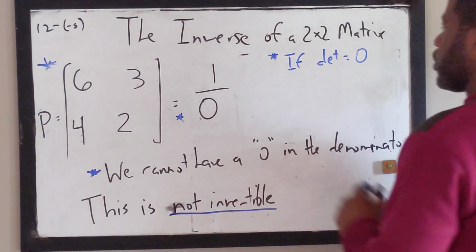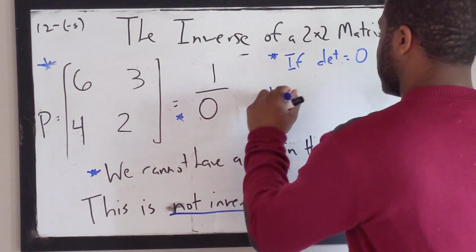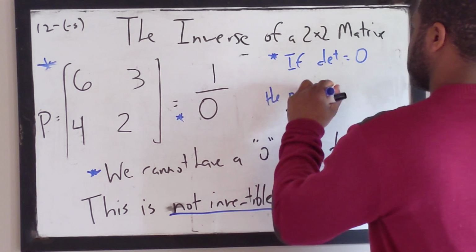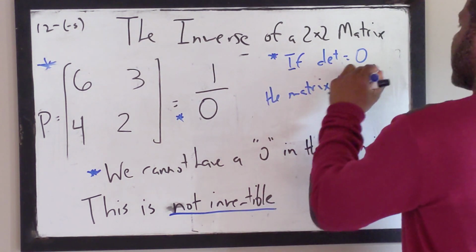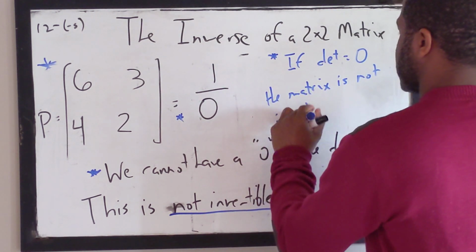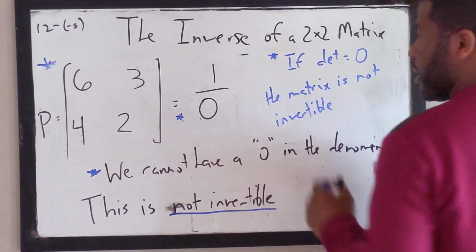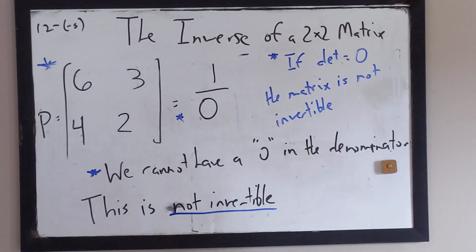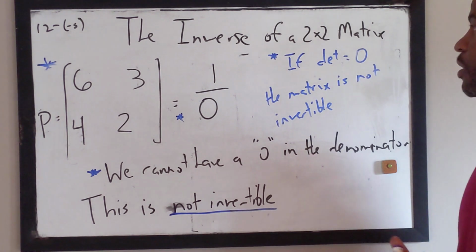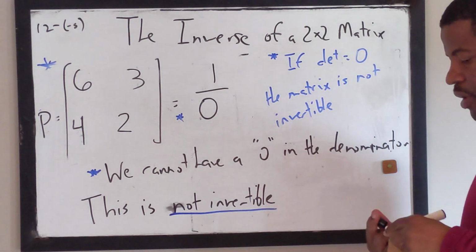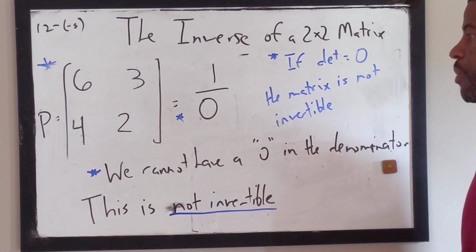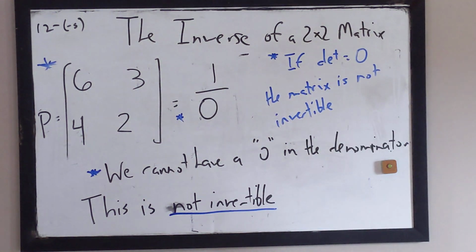If the determinant equals 0, the matrix is not invertible, meaning we cannot find an inverse. All right. So yeah, that's what we have. There are other methods. We'll look into them. You'll have work on this, but that's just a quick overview of how to find the inverse of a 2 by 2 matrix as one of our methods.